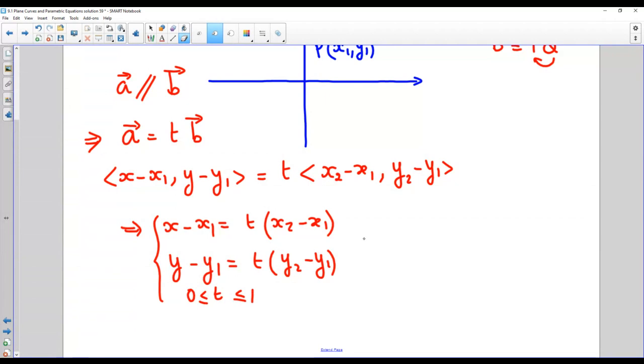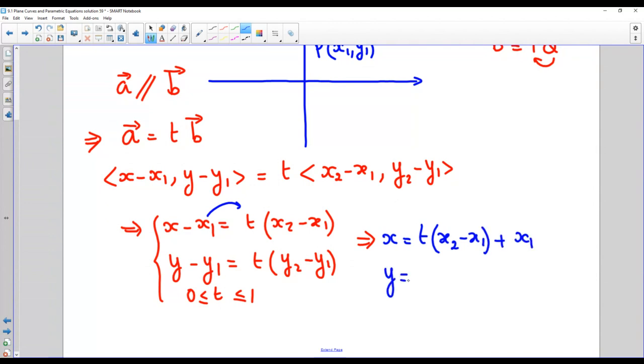So in the end, we can change these equations a little bit if we want. We can take x1 to the other side. So it will be x equal to t multiplied by x2 minus x1 plus x1.